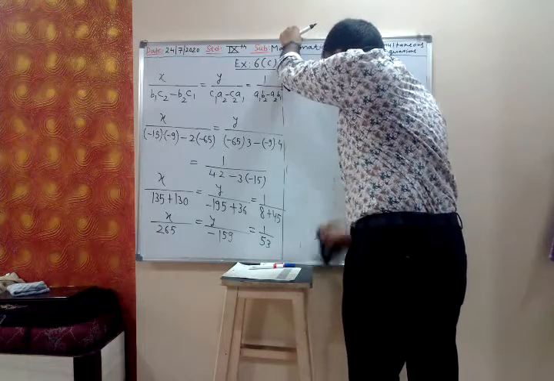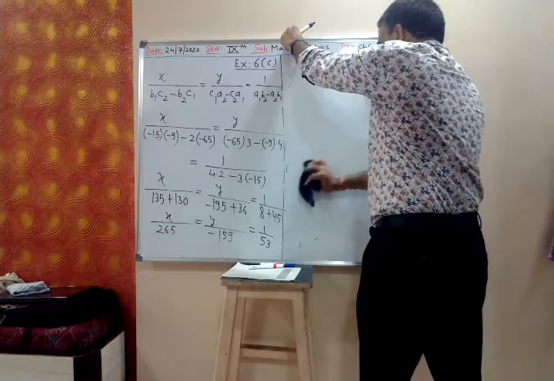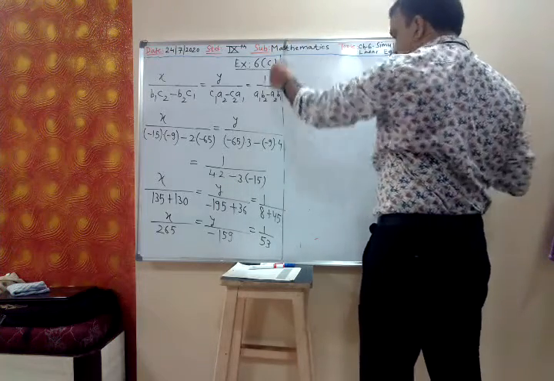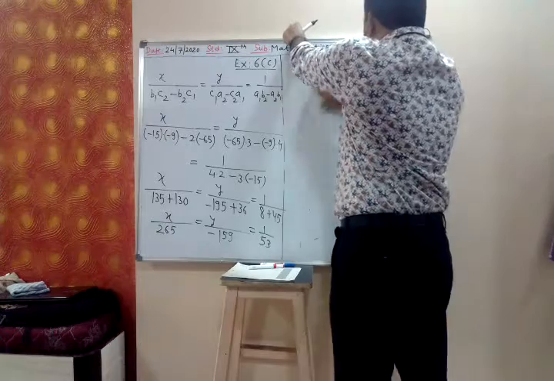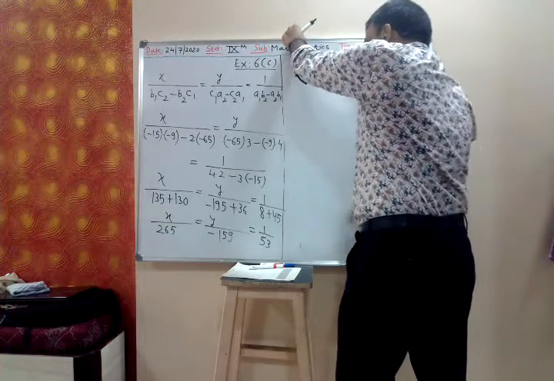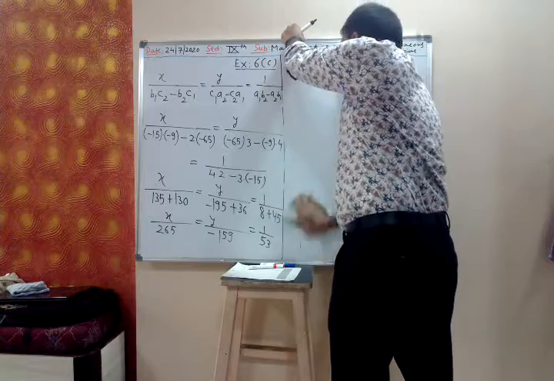Get the answer. X is 5. Let us see. X will not be 5. How 5?